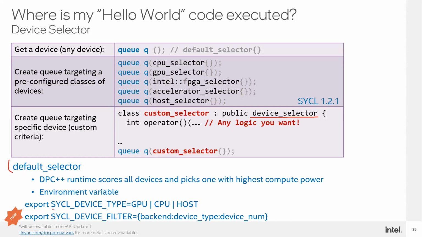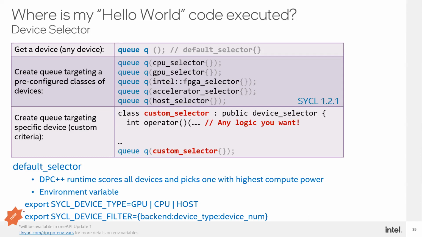So if you set this SYCL device type to GPU at runtime, then the GPU will be used. If you reset it to CPU, then your code, which is written based on the default selectors and default queues, will run on the CPU. So your kernels will run on CPU in that case.